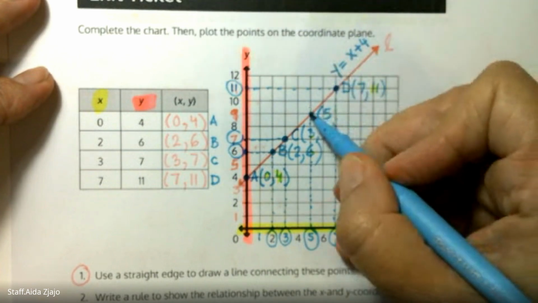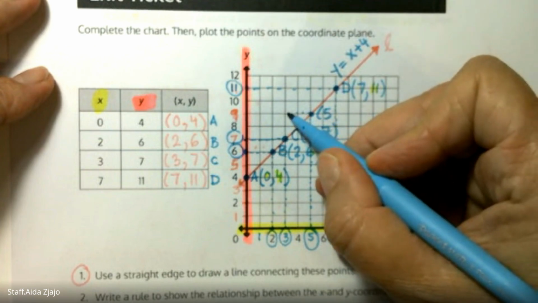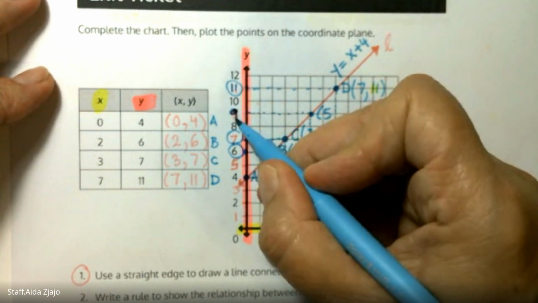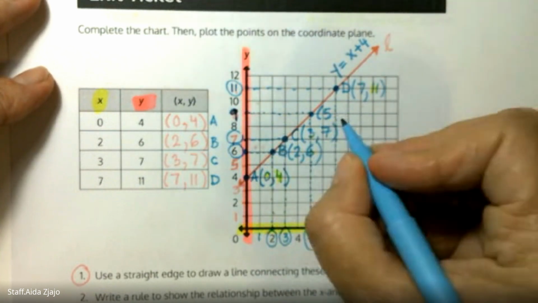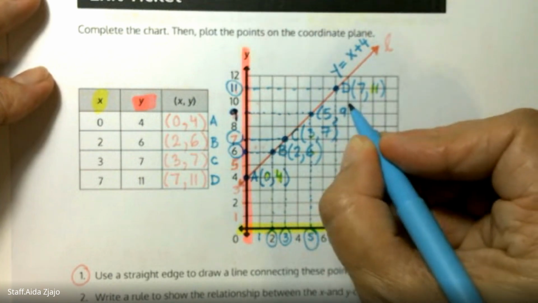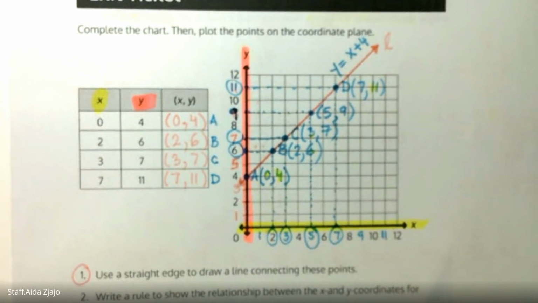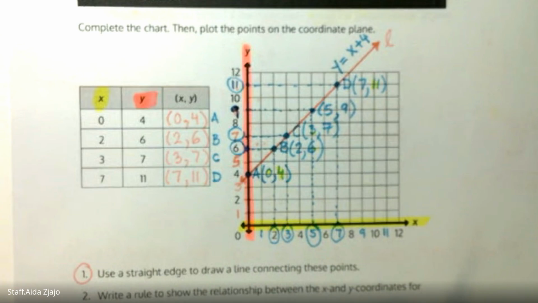So let's see if it is. If we go back to 9, it's exactly 9. Look, it's 9 right there. So 5, 9 would be correct. So our prediction was correct.